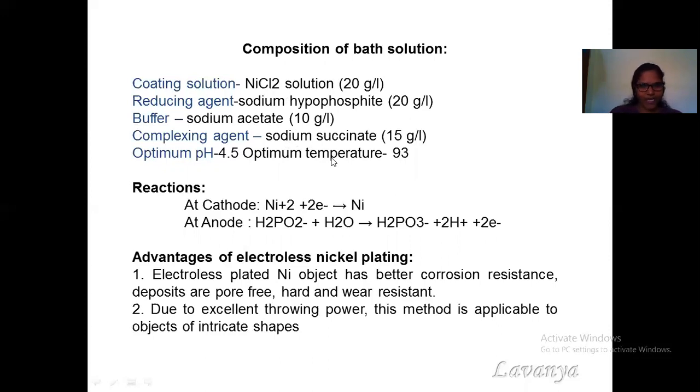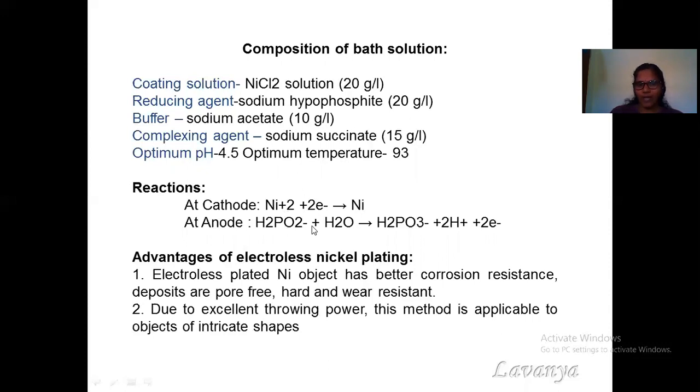Whenever we add this reducing agent along with our electrolytic solution, at the cathode, nickel ions take the electrons and are deposited as nickel. These electrons are released by the sodium hypophosphite, which is our reducing agent.